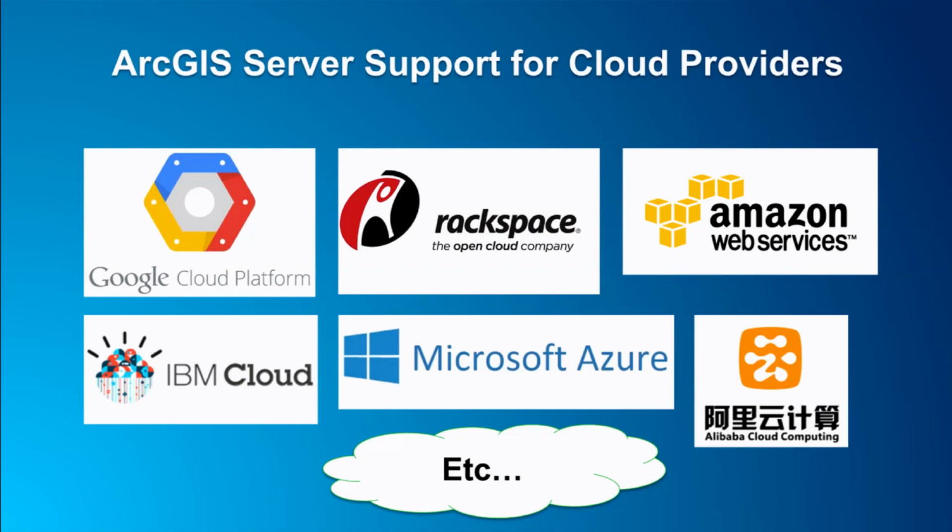Now, one of the things that gets a lot of confusion is we clearly have very special support for Amazon and Azure, but people say, well, do you support other clouds? And the answer is absolutely. We certainly support all the clouds. We support Rackspace, we support the IBM Cloud, you can pick your cloud and we support it. But what do we mean by we support it?